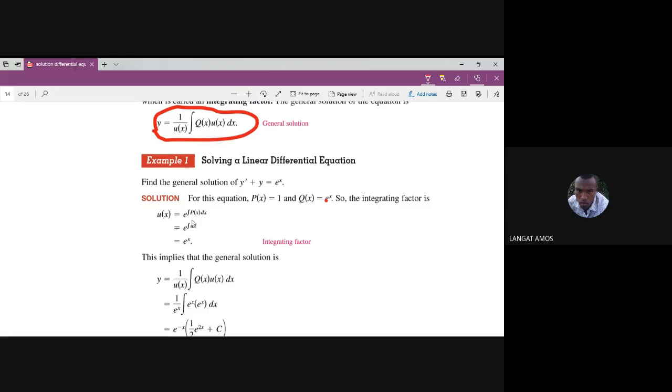So e raised to the integration of bx, where bx is 1. Who can show us how we get this bx to be 1 here?